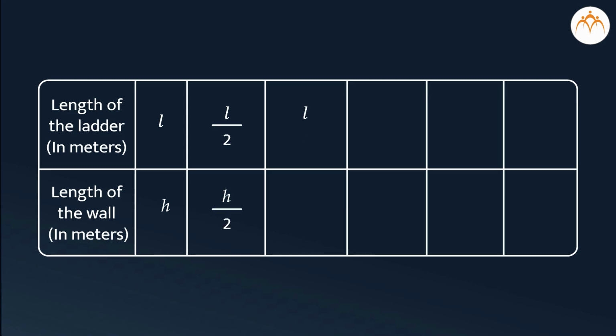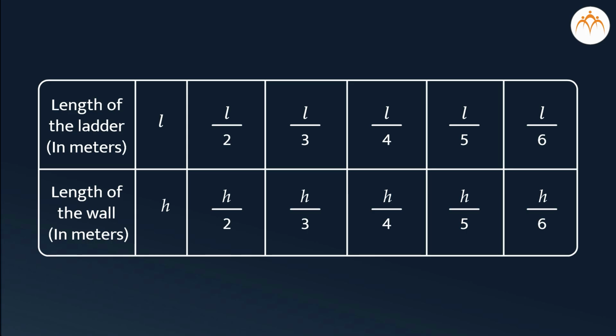Length of the ladder L upon 3, height of the wall H upon 3. Length of the ladder L upon 4, height of the wall H upon 4. Length of the ladder L upon 5, height of the wall H upon 5. Length of the ladder L upon 6, height of the wall H upon 6.